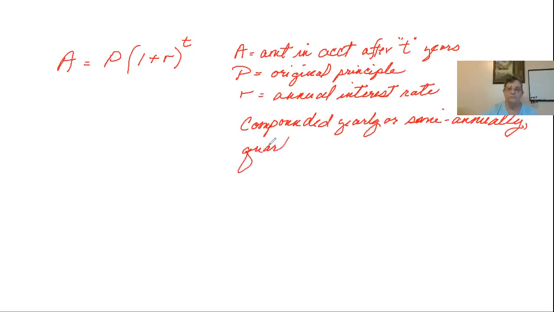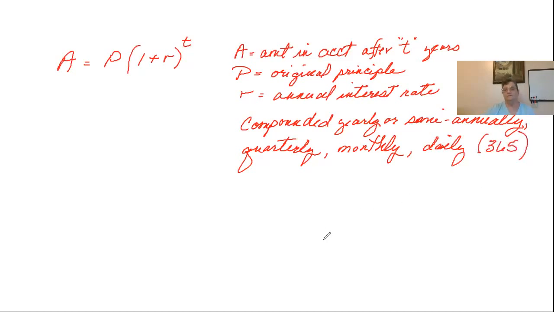Quarterly, that would be 4 times a year. Maybe monthly, that would be 12 times a year. Or even daily, and daily is considered to be 365 times a year. They don't worry about leap years.